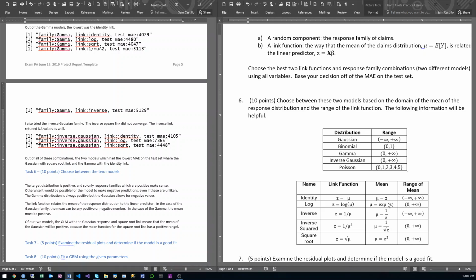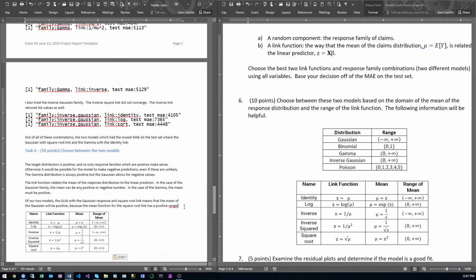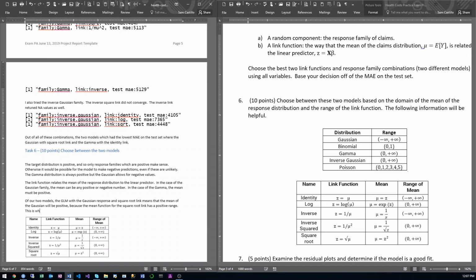I'm looking at this table right here. Let's just copy this table into the report. This is shown in the bottom right cell of this table.